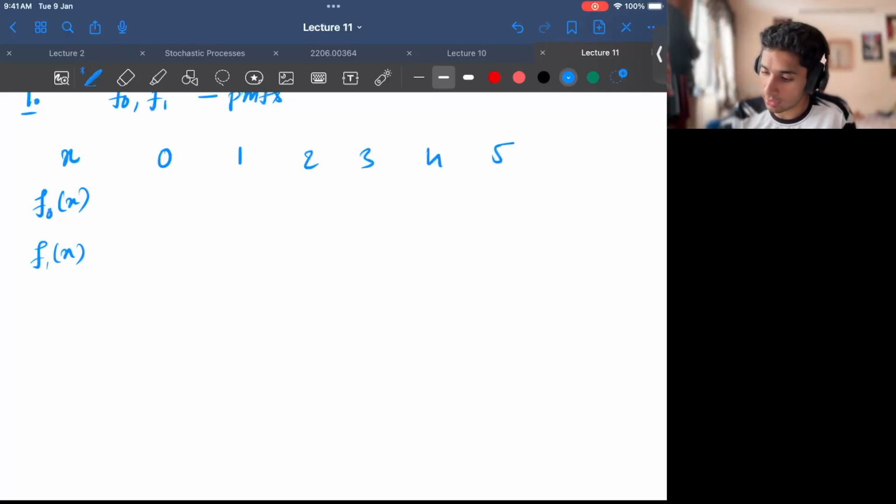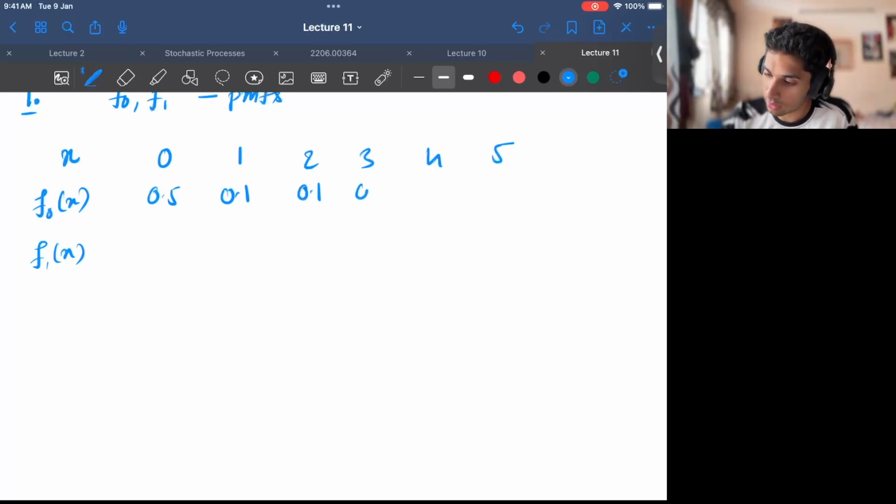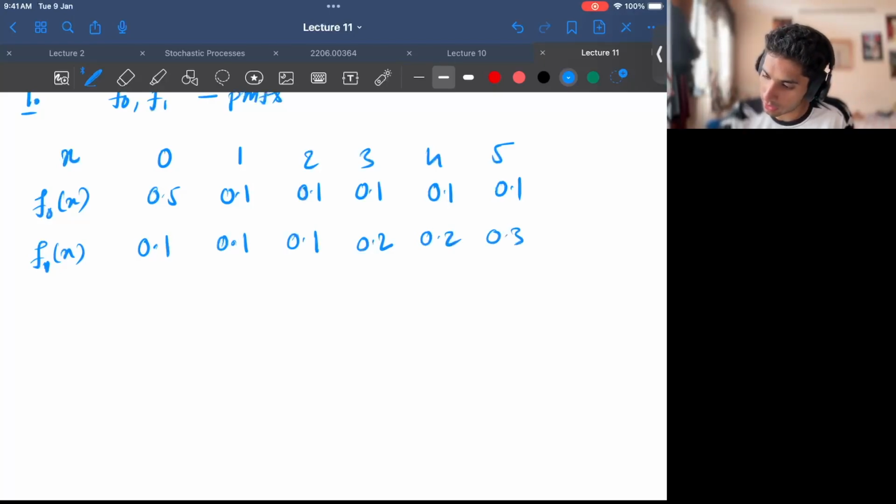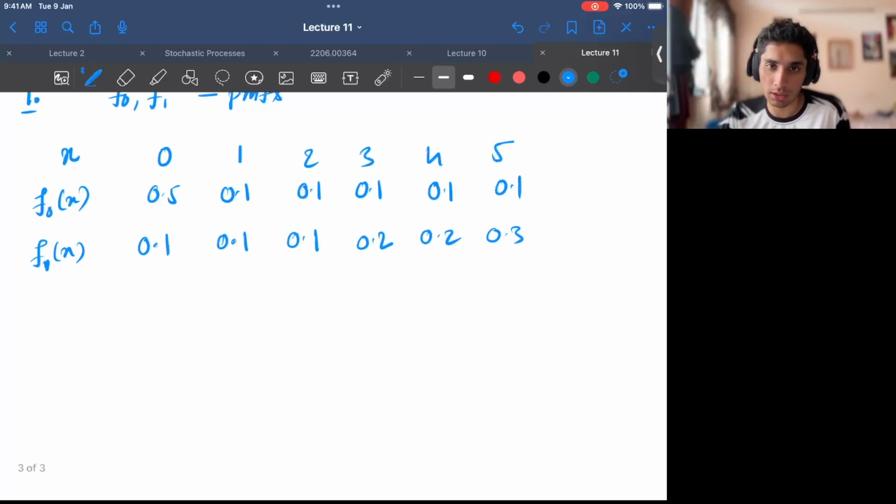The values of f0 are 0.1 each, and just check if this sums to 1. Yes, it sums to 1. And the other PMF, f1, is 0.1, 0.1, 0.1, 0.2, 0.2, 0.3. So these are the two PMFs.